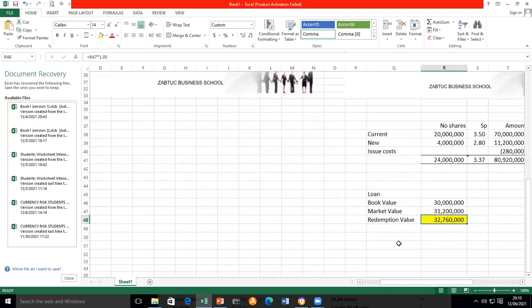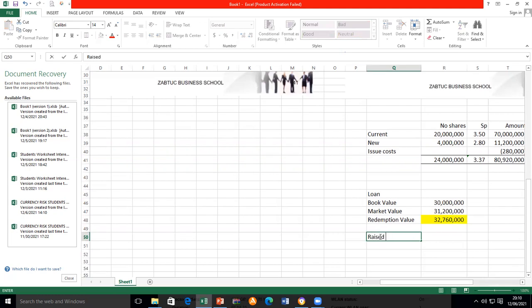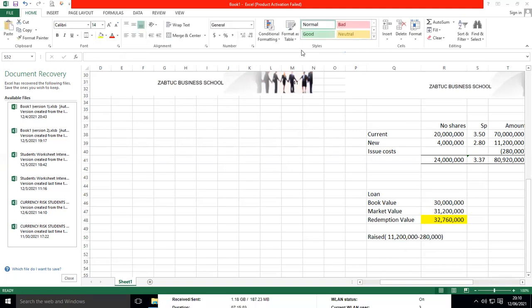Now, how much money do you have? How much have you raised? 80,920,000. This is how much you have raised, because part of the money has gone to where? The issue costs.